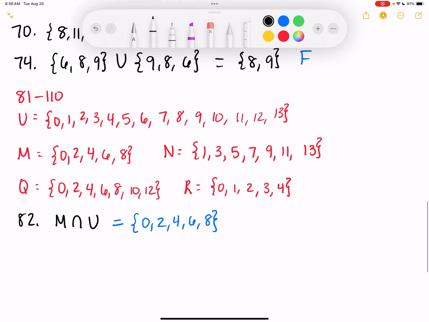How about 88? We have M union Q. So I'm looking at these two.